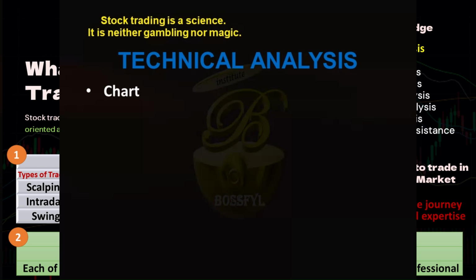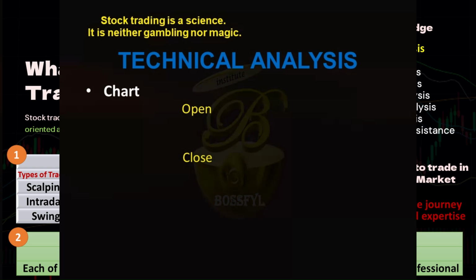IST, then the opening price of that particular company's stock at 9:15 a.m. is called the open price, and the closing price at 3:30 p.m. is called the closing price for that particular day of that particular company.